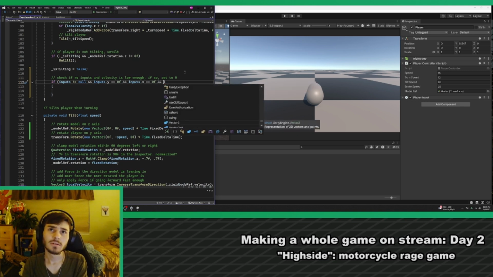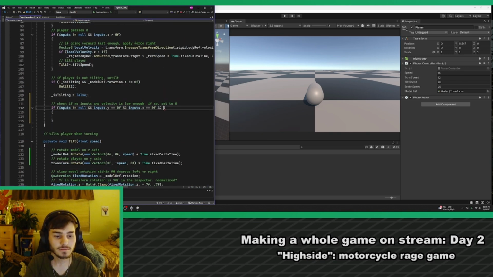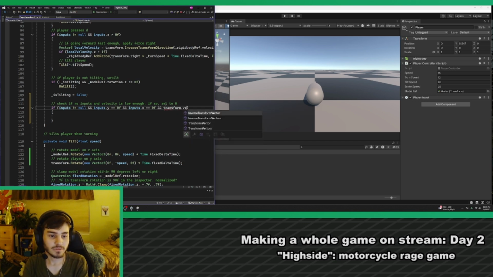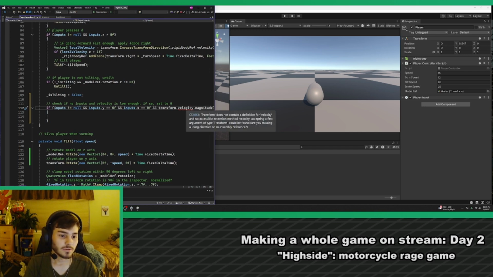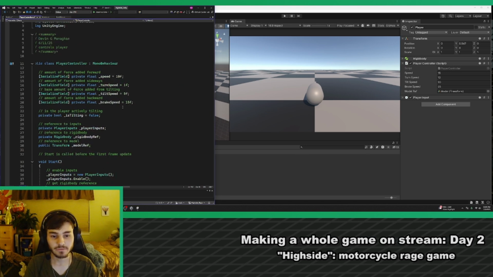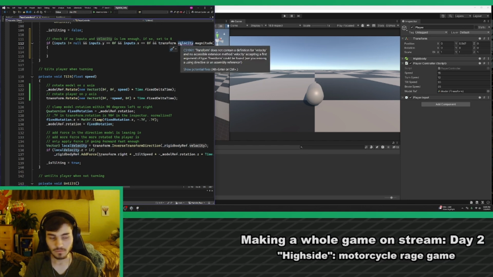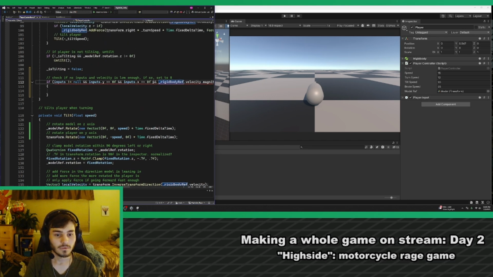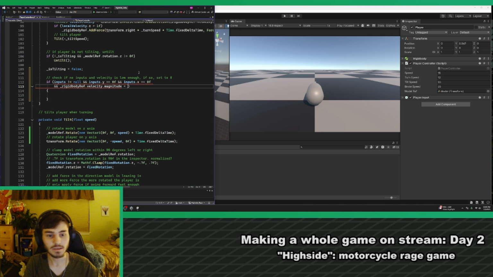And velocity. How do I get my velocity.magnitude? Transform.velocity.magnitude. Velocity.magnitude. Rigidbody. Less than, let's say, for argument's sake, 1.1f.